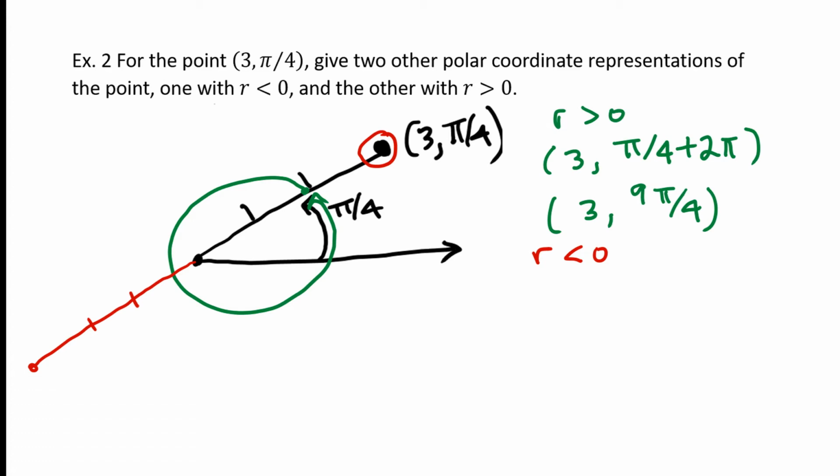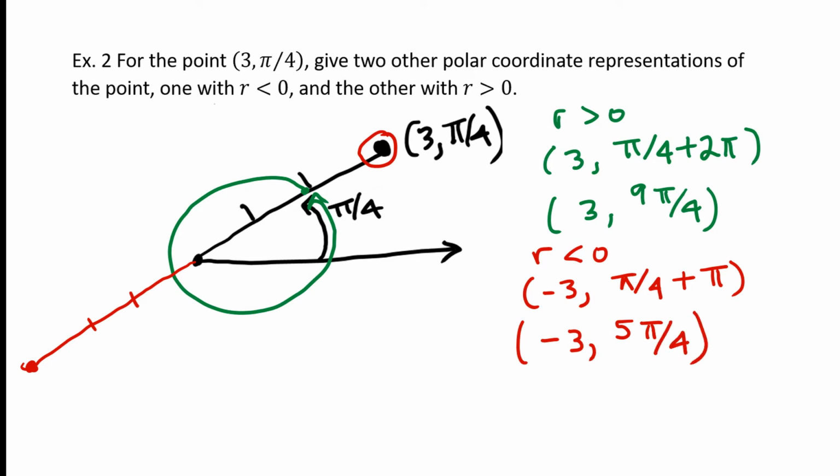Notice that with negative 3 we are diametrically opposite, so we can start at negative 3 and do pi over 4 and either add or subtract pi. I prefer to add to get us back to where we were. And so we'd have (negative 3, pi over 4 plus pi). That would be 4 pi over 4. So with the common denominator, we would get 5 pi over 4.